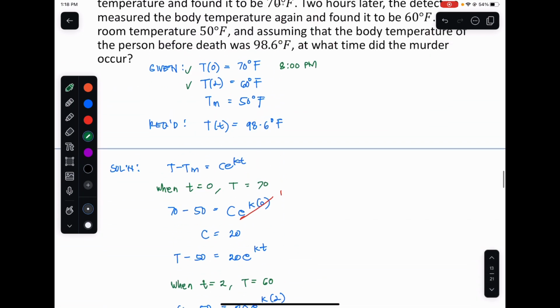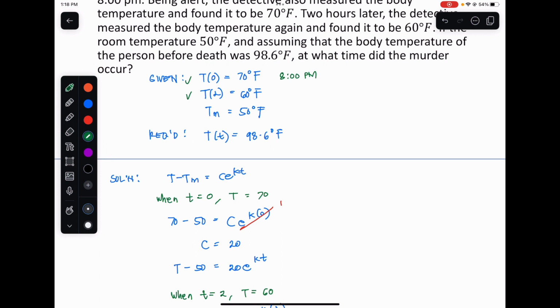Of course, our reference, the 0 hour, is considered to be 8 p.m. Since the temperature here is 98.6, which is higher compared to 70 degrees Fahrenheit, we are expecting that the time we will get here will be negative, because it's way before our 0 reference time. So the time that we will get here is negative.